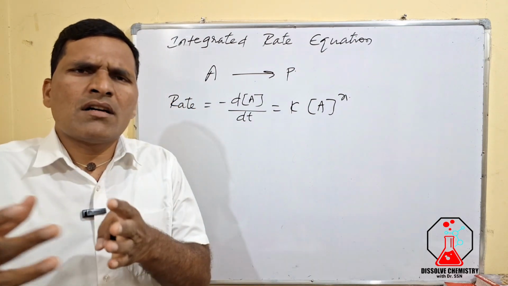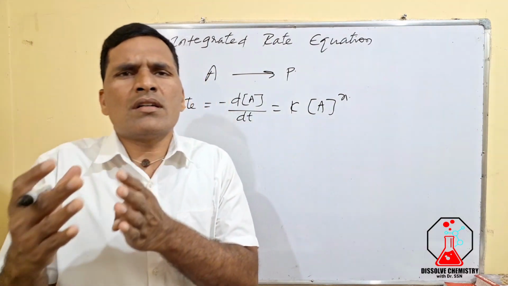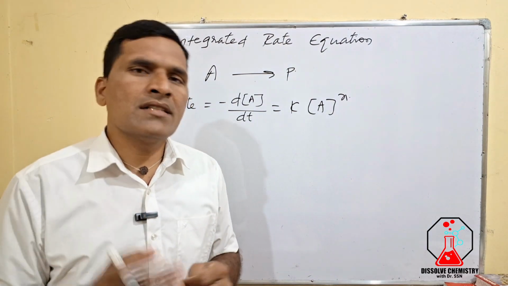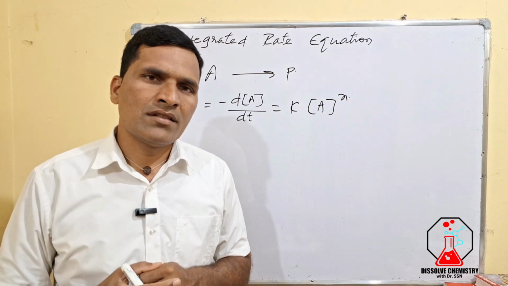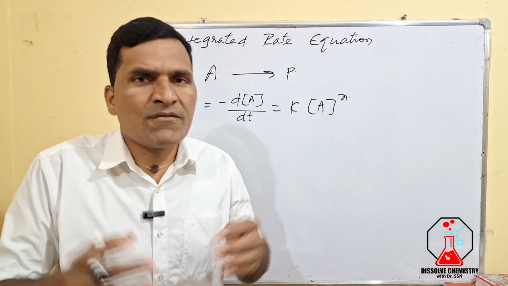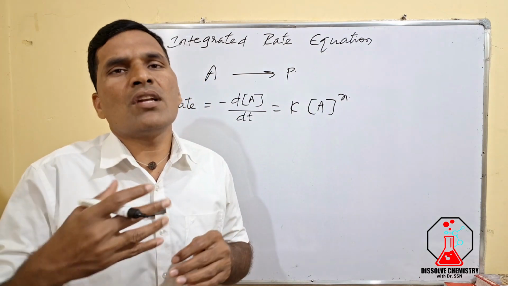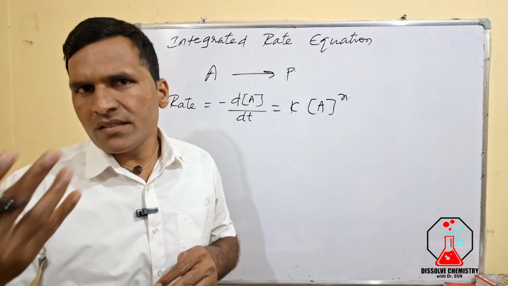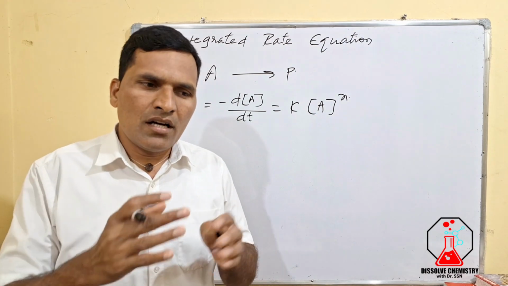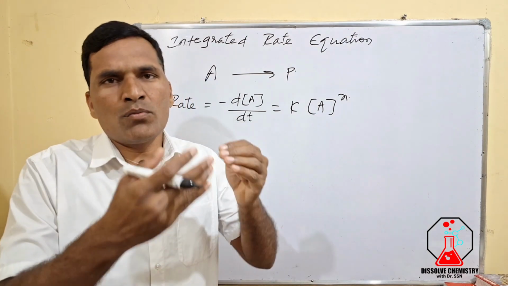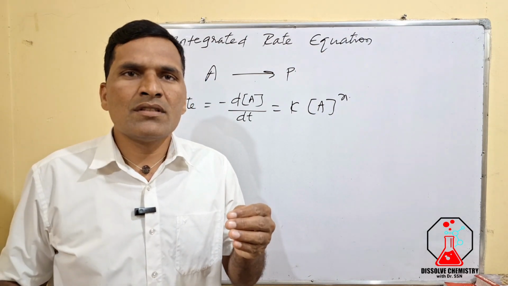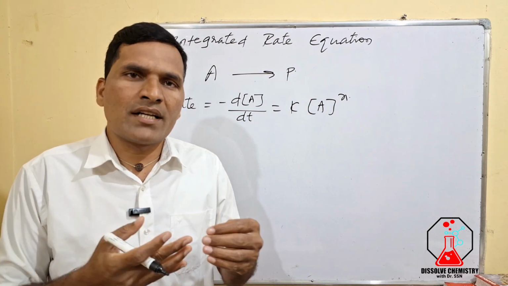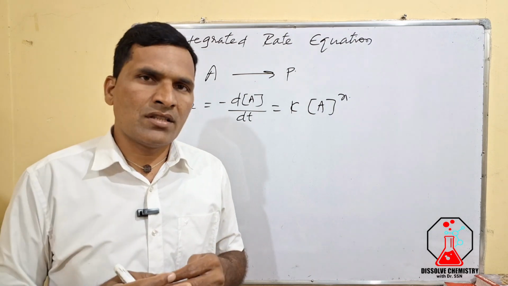In all the cases, it is not that easy or convenient to draw the tangent and get the rate of the reaction. So, to avoid this difficulty, the differential rate equation is converted into integrated form. By using this integrated rate equation, we can directly determine the rate constant of the reaction from the experimental values, and we can check the rate of the reaction.